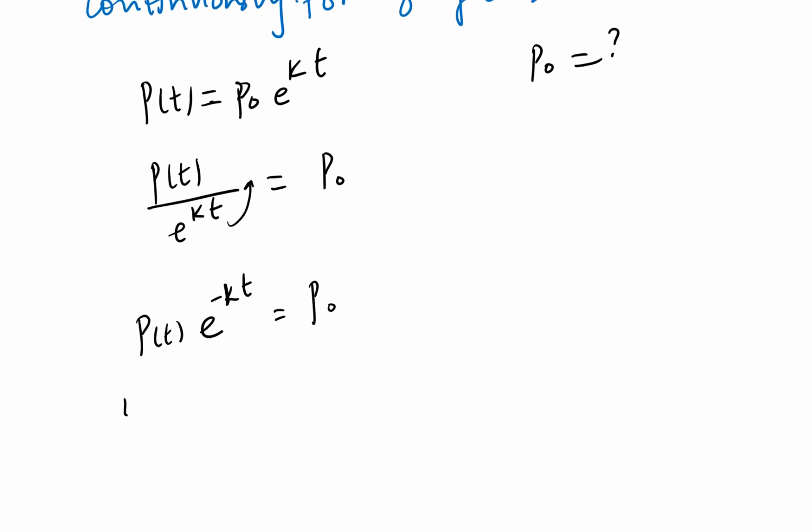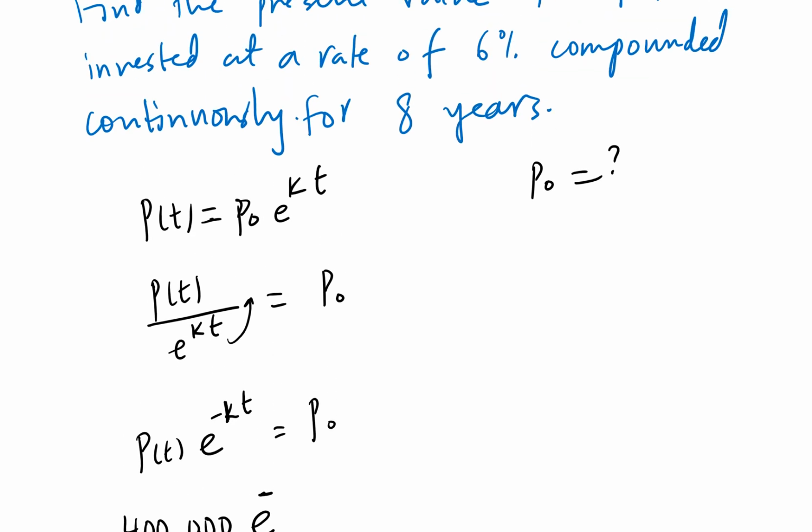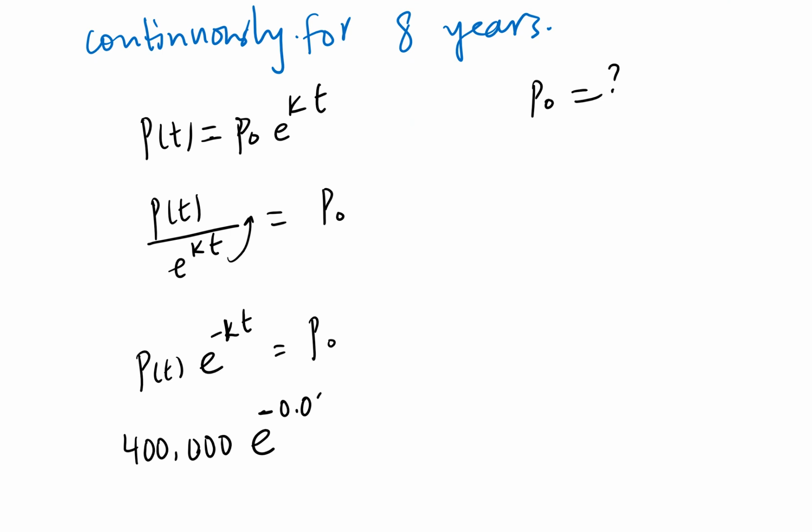P of T was 400,000, that's the future value. e to the negative k, which was 6%, so 0.06, times T for 8 years. And now we have to calculate this one.